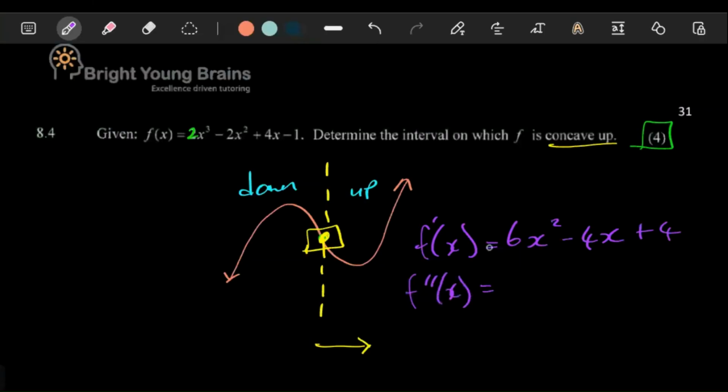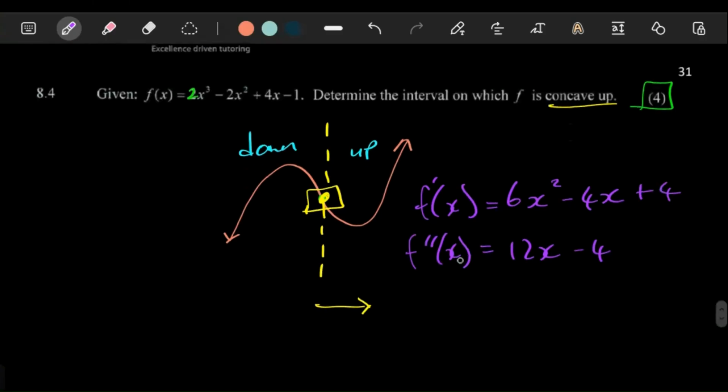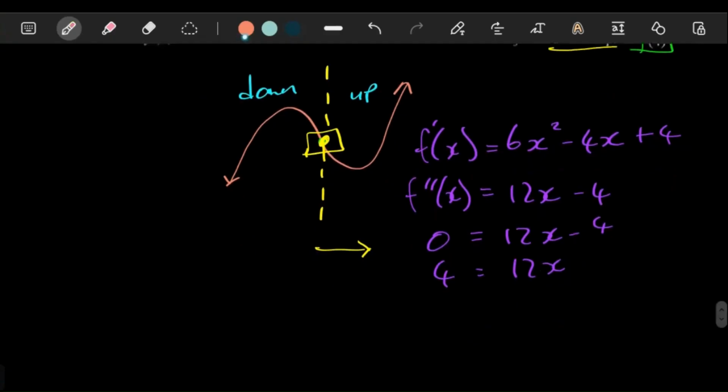Differentiating again, the second derivative, 6 times 2 is like 12x, 1 times 4 is like minus 4. And then to differentiate a constant, it just falls away. So you need to make this equal to 0 now. Move this to the left. Divide both sides by 12.